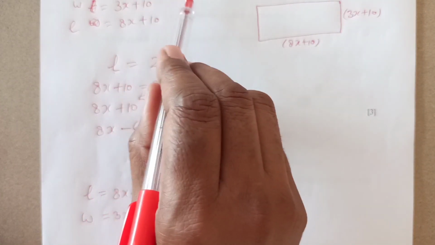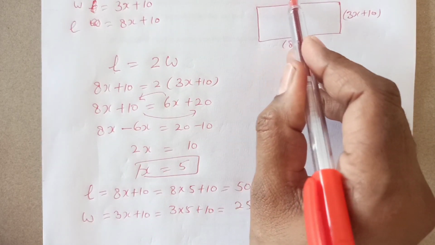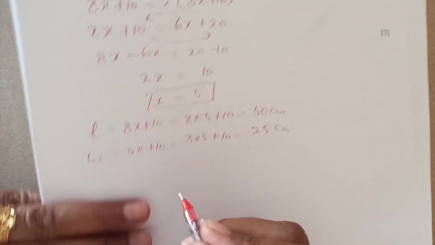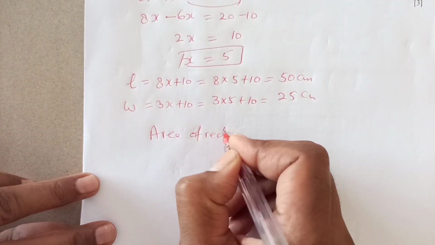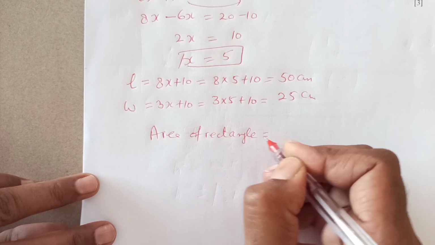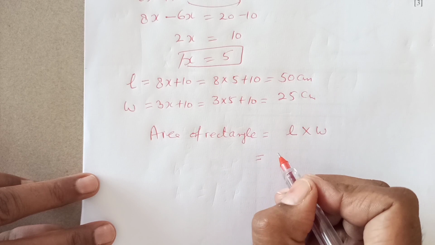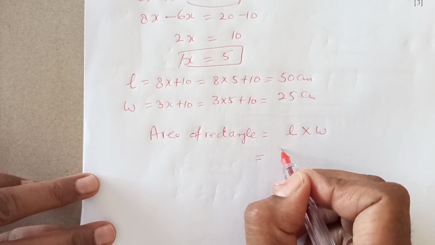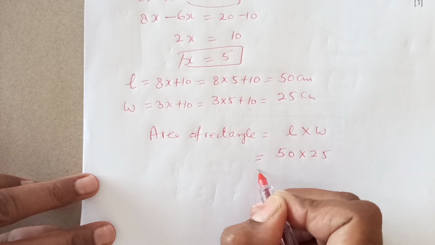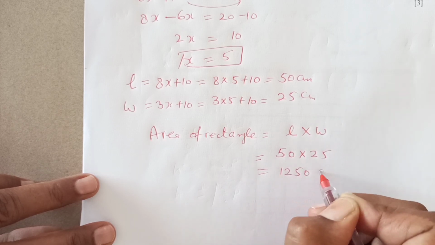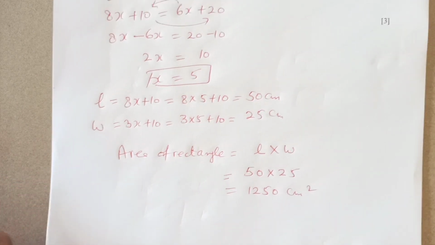Now the area of the rectangle, you know the formula, right? Area of rectangle is length times width. So length is 50 times 25 centimeters squared. Okay, so that is the final answer.